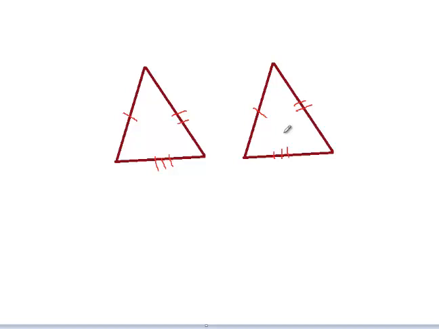It is completely impossible to draw two triangles that have the same sizes of all the sides, and the angles are different. So inherently, that means that the triangles are congruent. This is what I will call SSS is congruent. This is the symbol for congruence, SSS congruent to SSS. Okay, that's the first possibility. If all the sides are equal to each other.